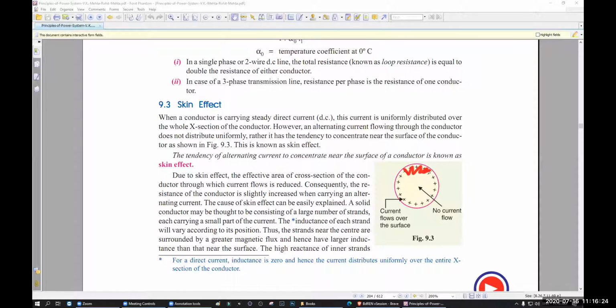The current will flow more. Current will flow more. So what will happen?